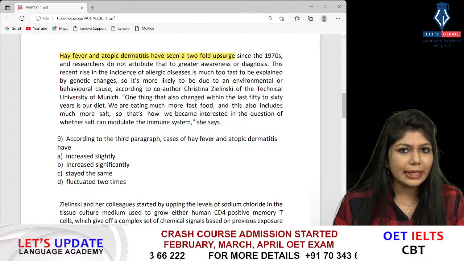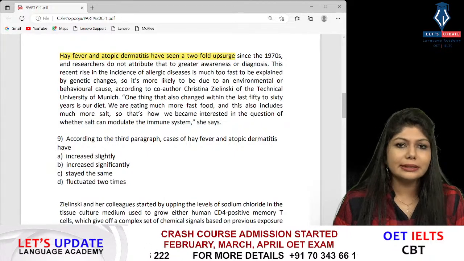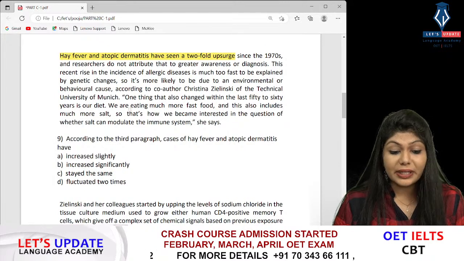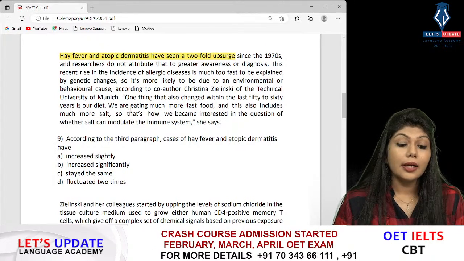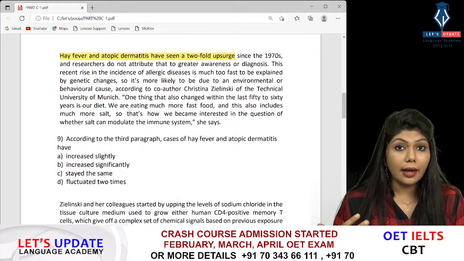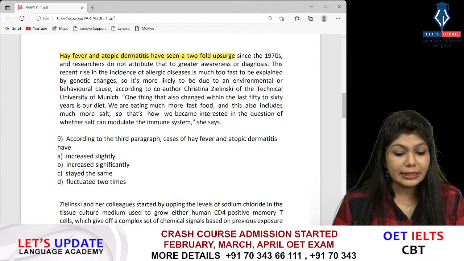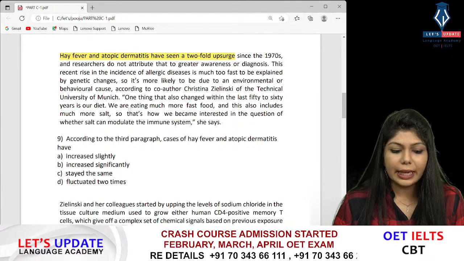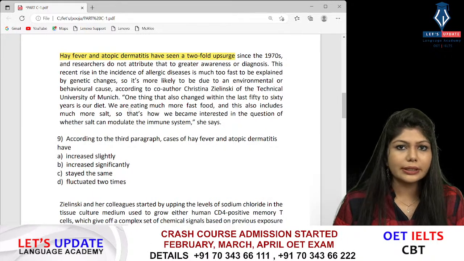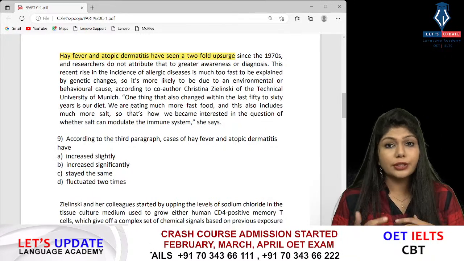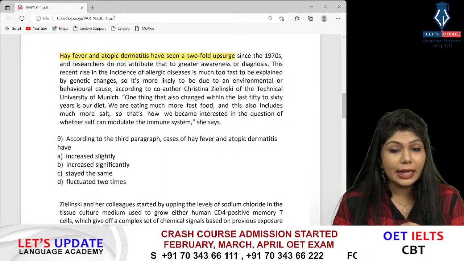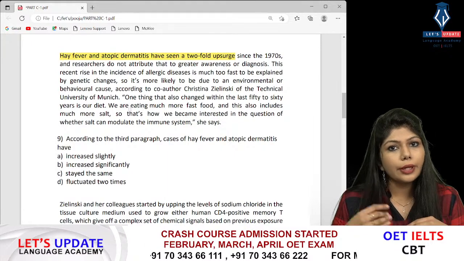Option A is increased slightly. Slightly means a little increase. B, increased significantly, means increased in a large way. C, stayed the same, means there is not much change. And D is fluctuated two times. Fluctuated in the sense it has gone up and gone down, gone up and gone down.